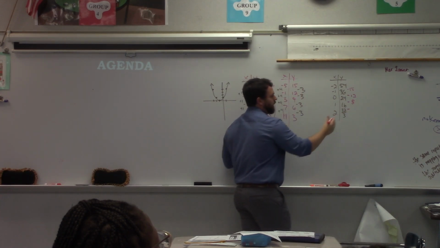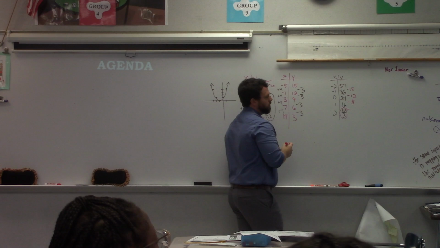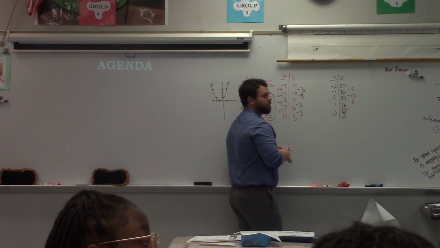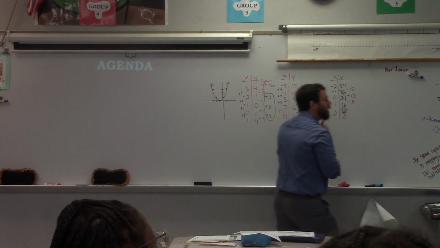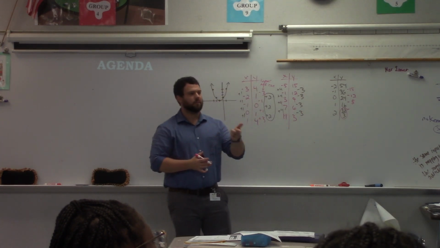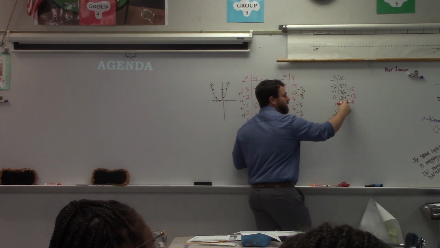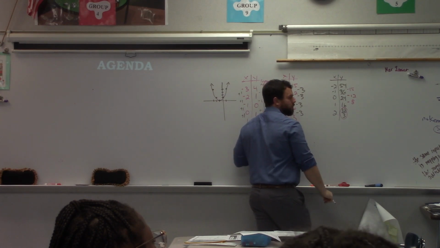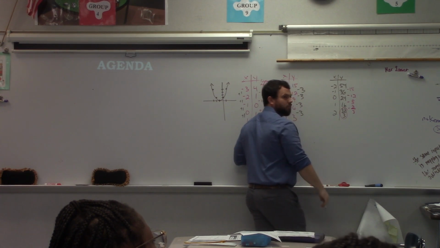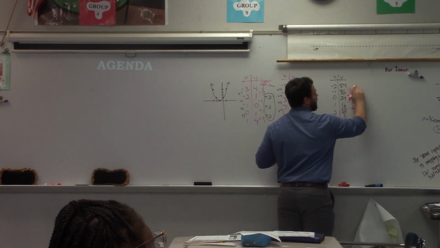Granted, I will point out this fraction here is a pretty big hint that we're probably going to have a constant what? A multiplicative rate of change, but what's the name of that multiplicative rate of change? A constant factor, right? So a constant factor here. In fact, my guess would be 16 times what gives me 32? 16 times 2, right? And I'm just dividing by 3. Probably my constant factor, just thinking logically.